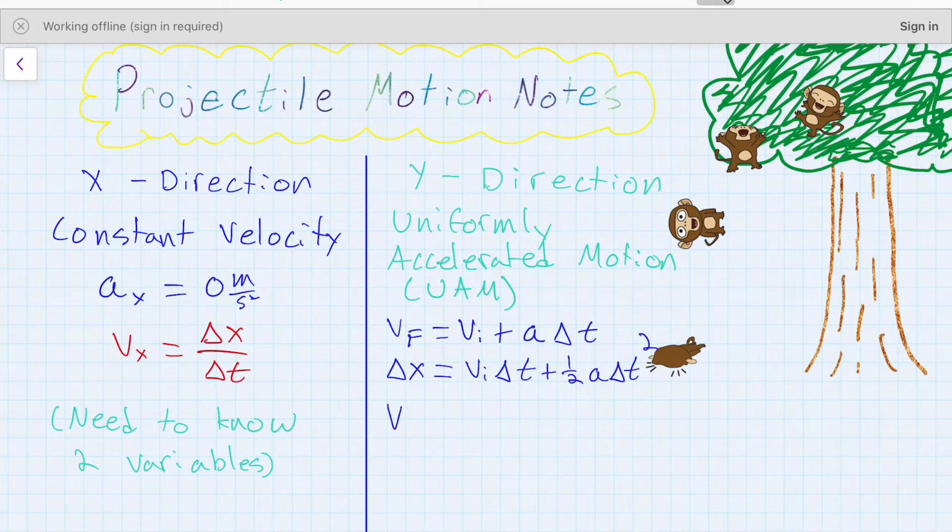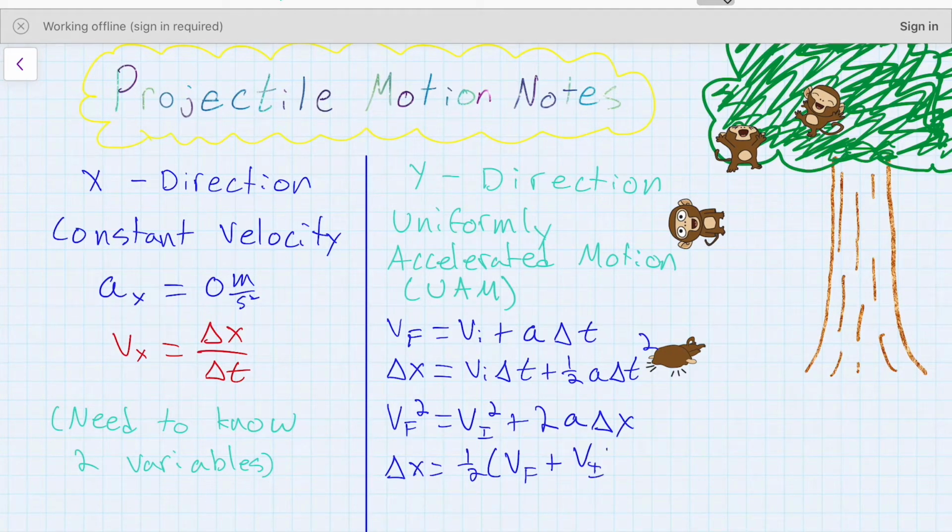The third equation is final velocity squared is equal to the initial velocity squared plus 2 times the acceleration times the displacement. And the last equation is the displacement is equal to 1/2 times the final velocity plus the initial velocity times the change in time.